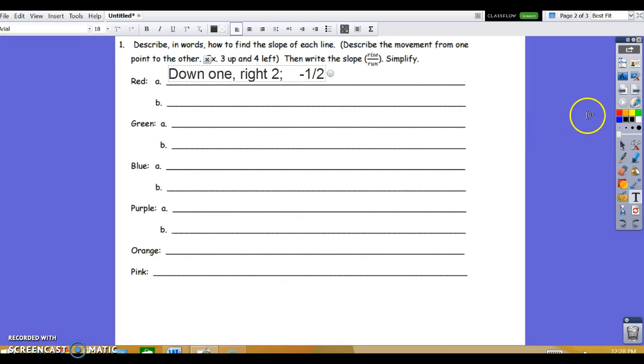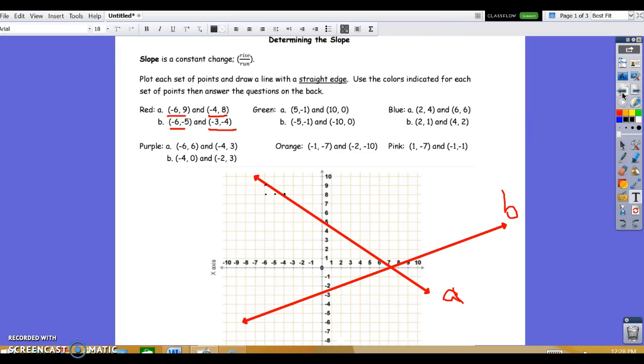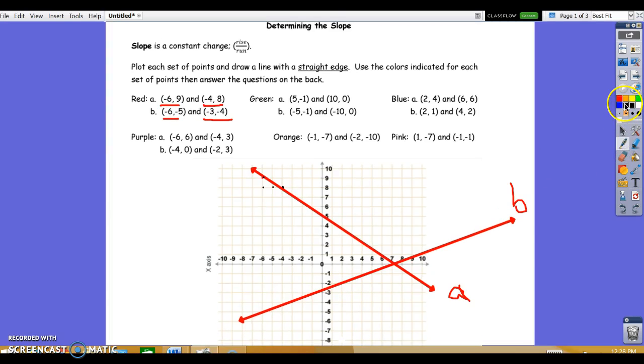Now I'm going to go back and look at line B because it's going to be something different. You can't really see where my dots went, but it was here and then it was here. So for this one, I'm going up 1 and then over 1, 2, 3.